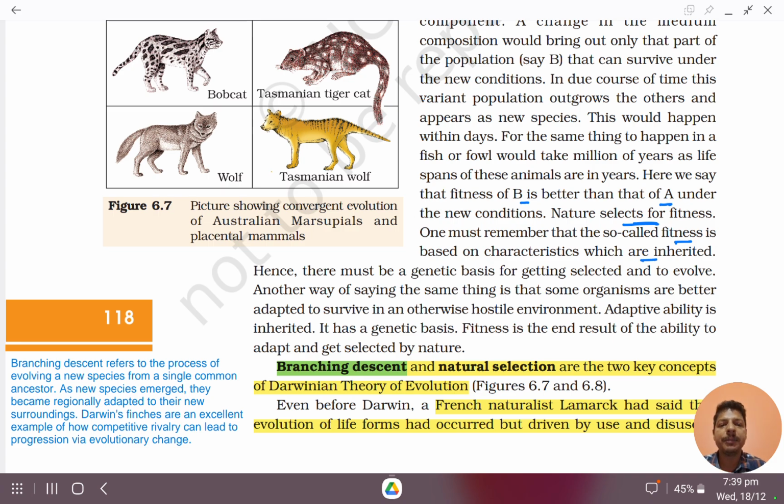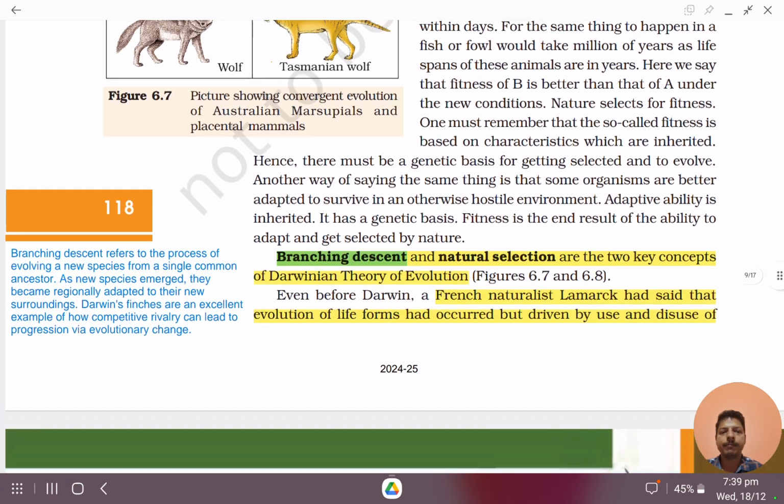Hence, there must be a genetic basis for getting selected or to evolve. Another way of saying the same thing is that some organisms are better adapted to survive in an otherwise hostile environment. Adaptive ability is inherited. Remember, it's inherited. It has a genetic basis. Fitness is the end result of the ability to adapt and get selected by nature.